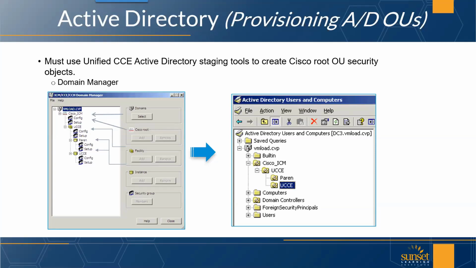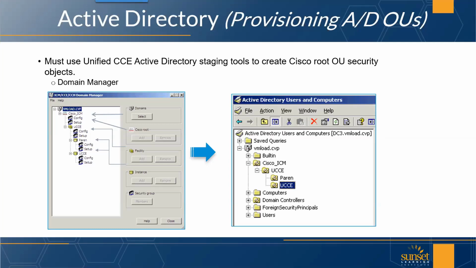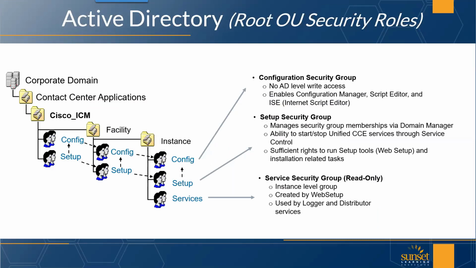So there's a little bit of toing and froing to be done in our Active Directory, and if you come from an Active Directory background, then none of that will be mysterious to you. If you don't, then it does require a bit of study and some help in order to get that right. But again, all this is part of the staging and is a pretty important part of the environment, I would think.